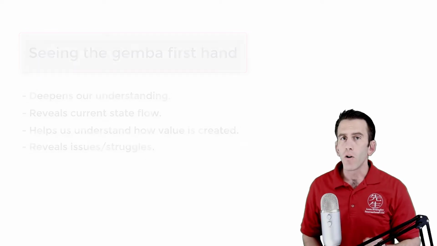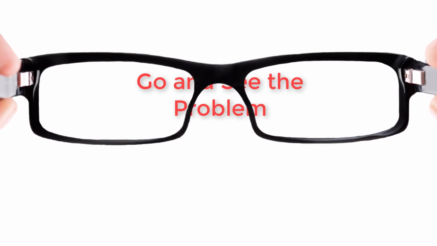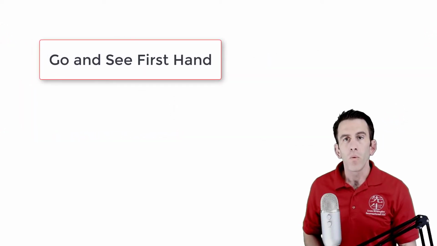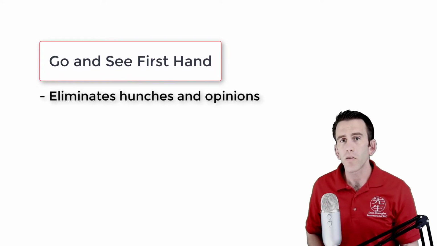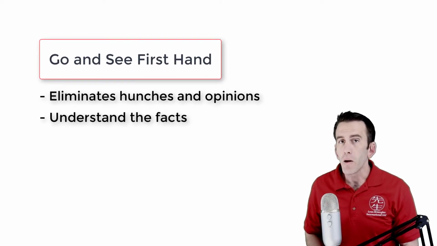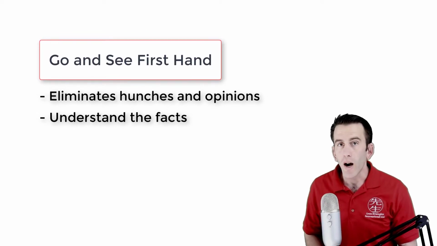Whether you hear about an improvement opportunity or an issue on the shop floor, this is the first step in any problem-solving process. Go and see it firsthand. When you do this, you eliminate hunches, opinions, and assumptions, and you understand the facts. This is very important. Go and see the value stream with your own eyes.